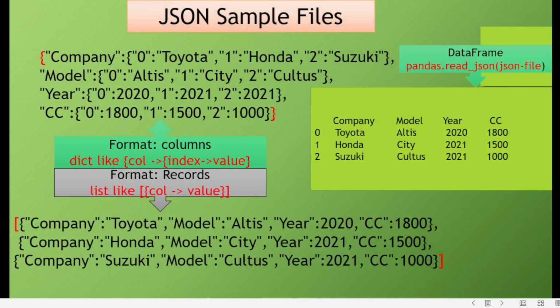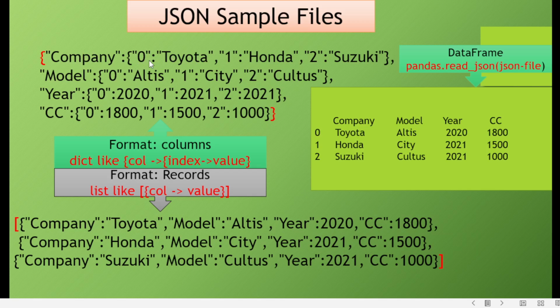So here are some samples. The first sample represents the format of columns, whose syntax is like a dictionary, in which there is a curly bracket, then the column name and a colon, then index and its value. Company is basically the column name.